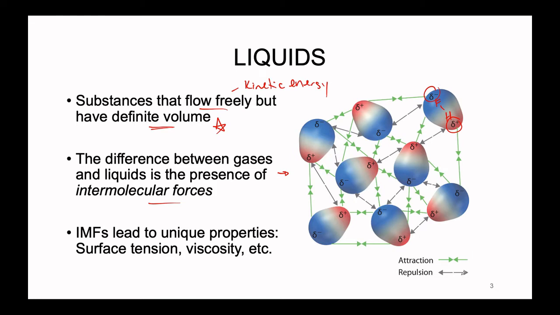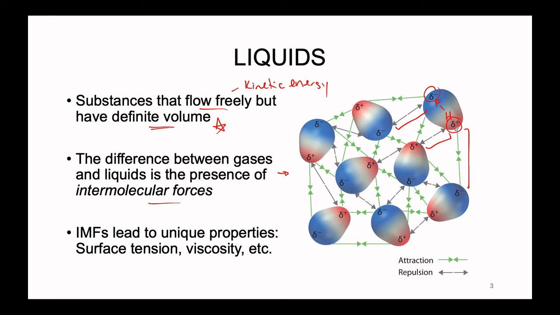In this key down below, we can see that the attractive forces between molecules are highlighted in green. The repulsive forces are highlighted in gray. So there is attraction present between the partially positive and the partially negative. There is repulsion between the similar charges, the negatives, as well as the positives, like we can see here.